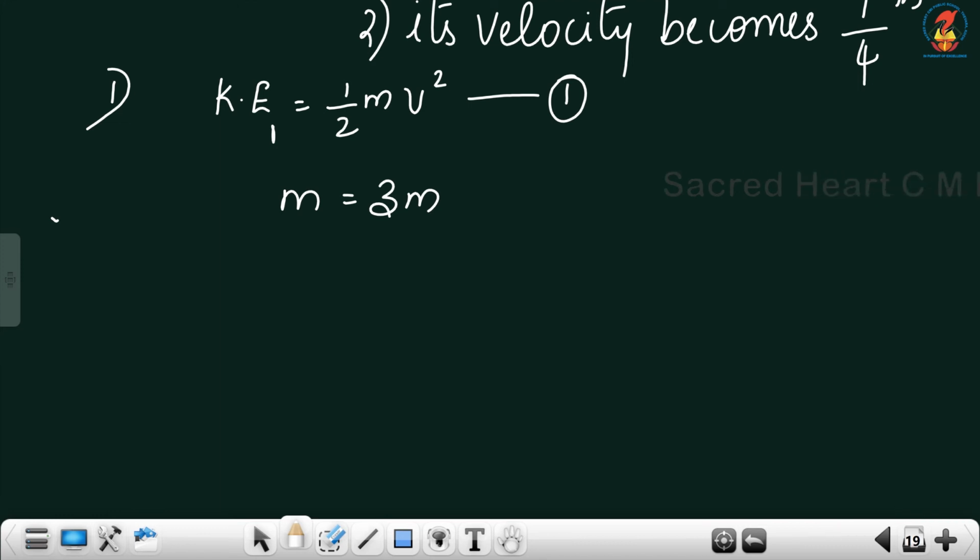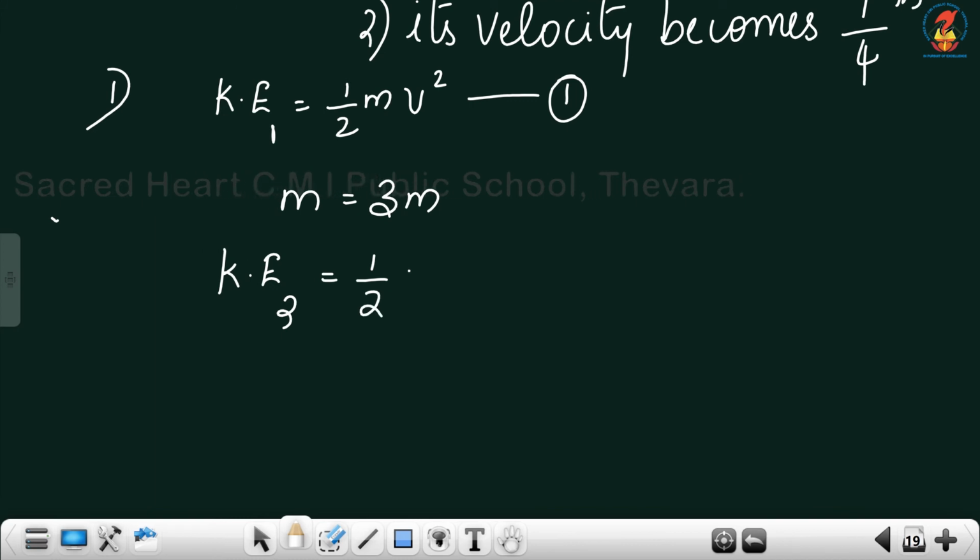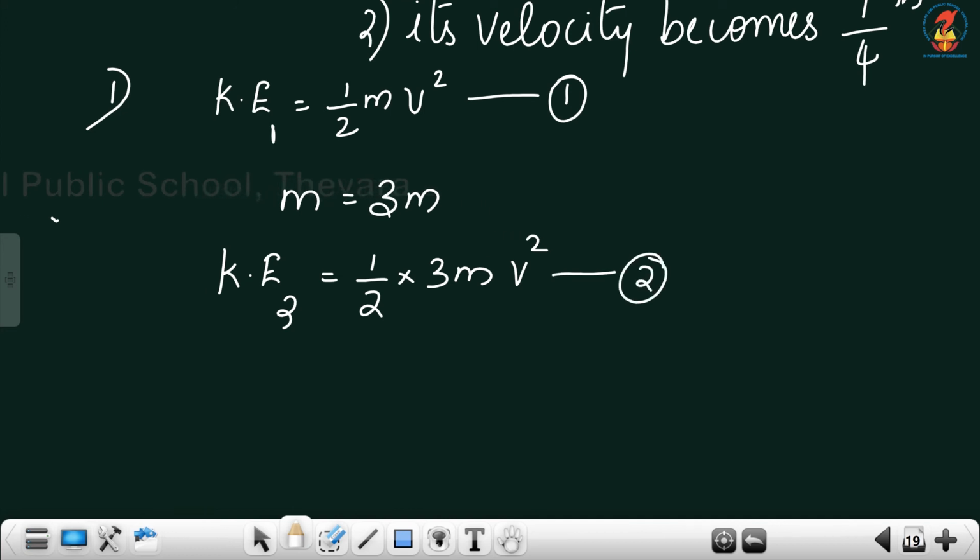So, with this m, we will write the second equation to find kinetic energy, that is KE2, equal to half into 3m v square. Name it as equation 2. So, we wrote a new equation to find the kinetic energy.